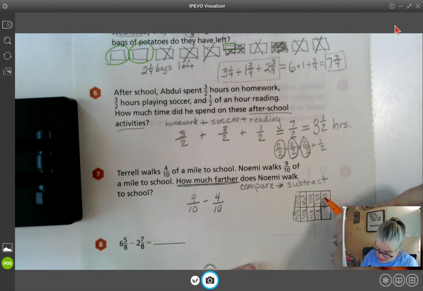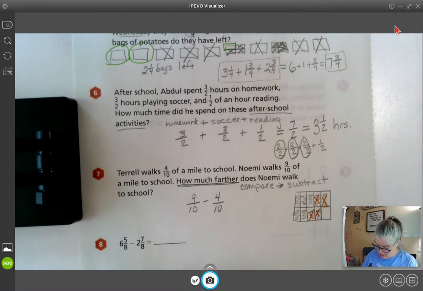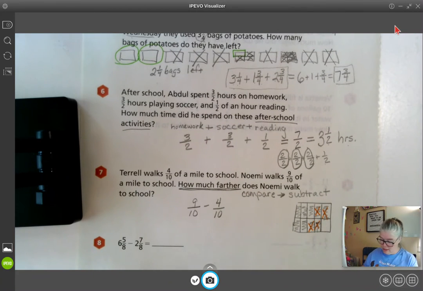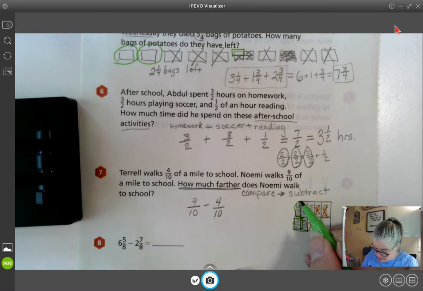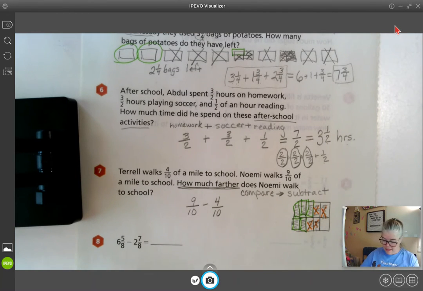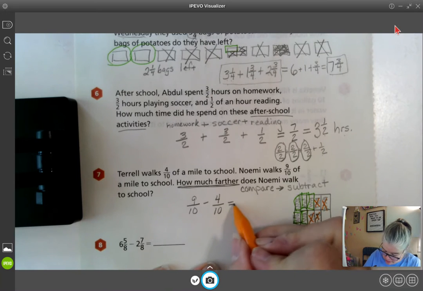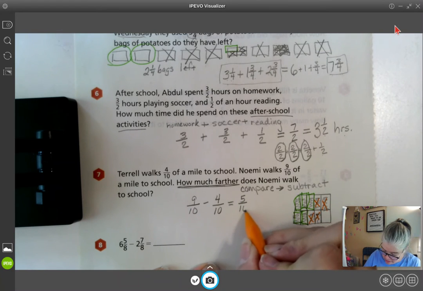So I'm going to cross off 4/10. 1, 2, 3, 4. Now I just need to count up how many tenths I've got left. I've got 1/10, 2/10, 3/10, 4/10, 5/10. 9/10, take away 4/10. My picture shows me 5/10.